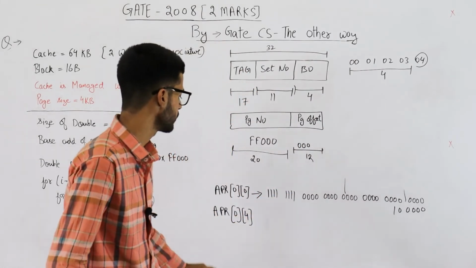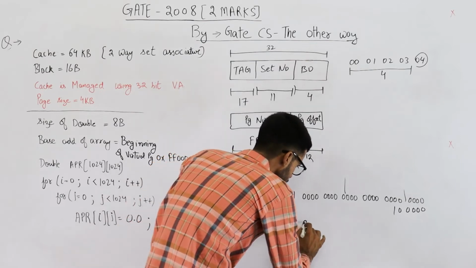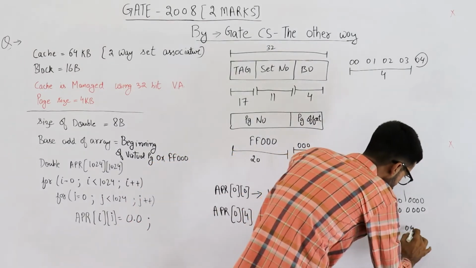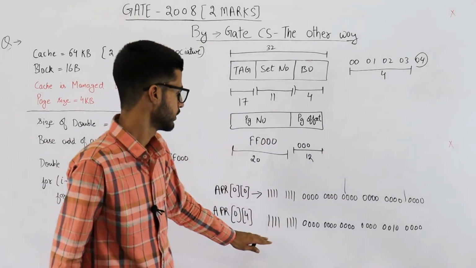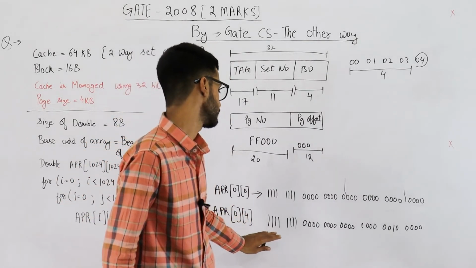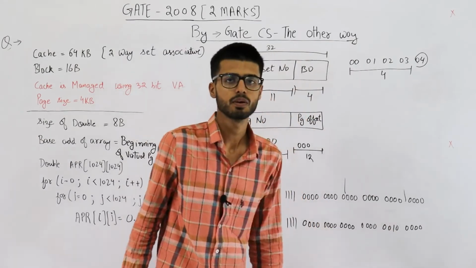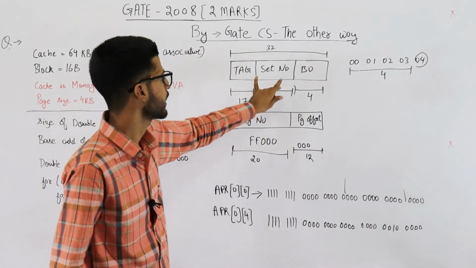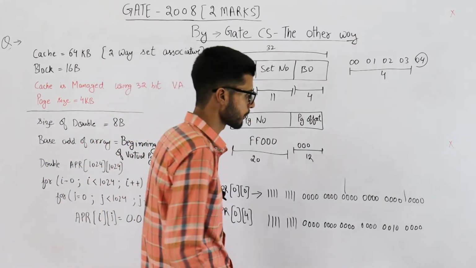So add both of them to get the address of this one. It comes out to be, okay, so the address of this one is FF000. Okay, let's compare if the index part, that means these middle 11 bits, are similar for both of these.